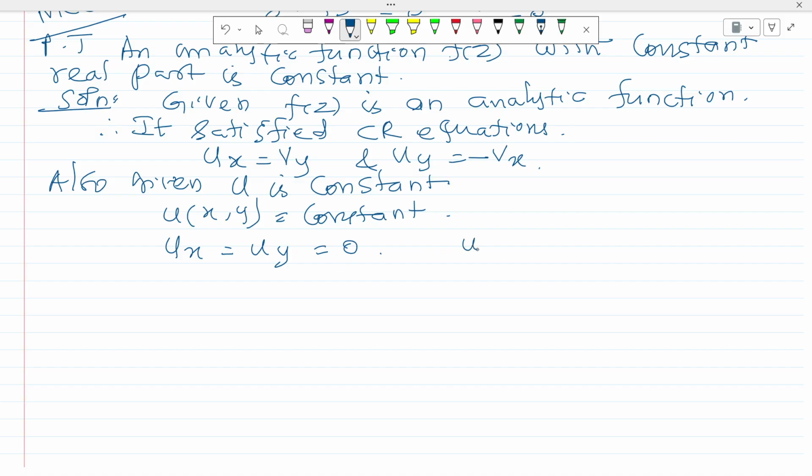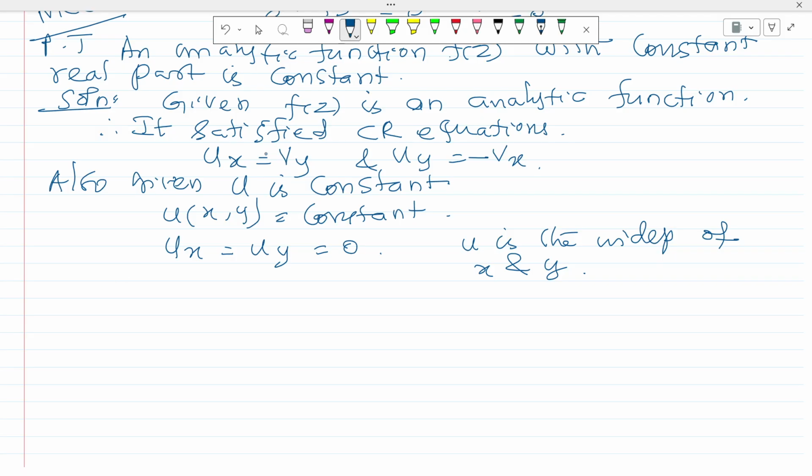So u is independent of x and y. Even you can write that u of x comma y, if you differentiate with respect to x and y and it is equal to 0, then it is constant. So it is independent of x and y.